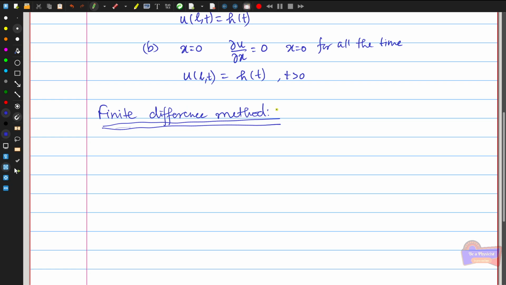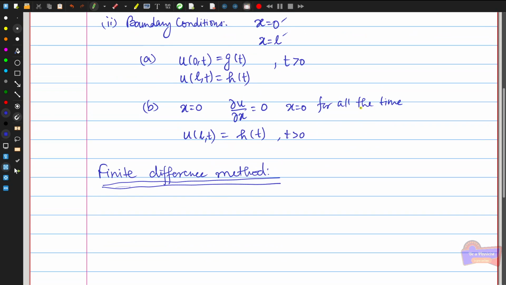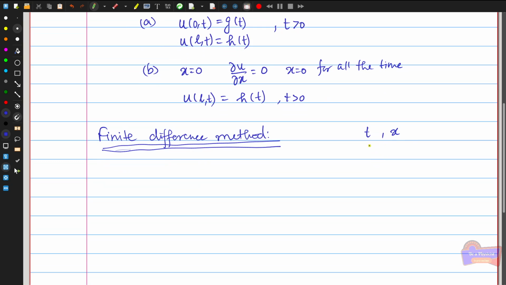So we have the same finite difference method, but here you can see the temperature is varying with respect to time as well as space. Both are different quantities. The time is varying in a different fashion and the space is also varying in a different fashion, so we can superimpose the domain of x, which is between 0 and L for all time, onto a rectangular network of mesh points.